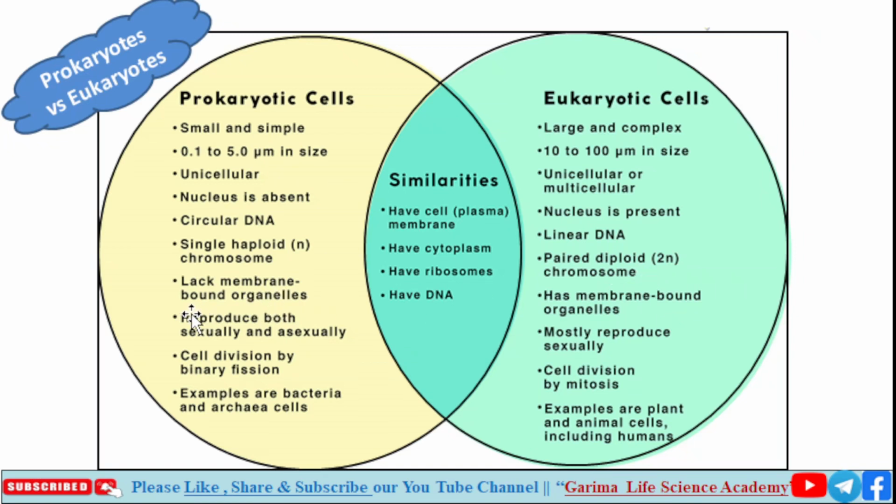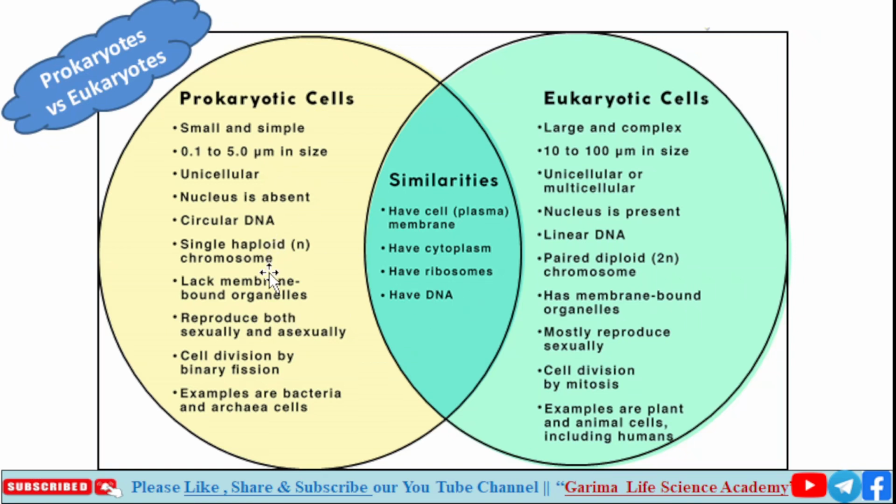Prokaryotic cells lack membrane-bound organelles, but eukaryotes have membrane-bound organelles like nucleus, mitochondria and others.